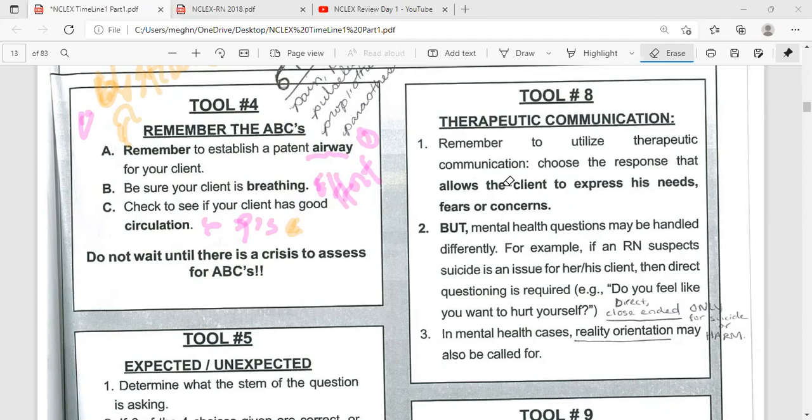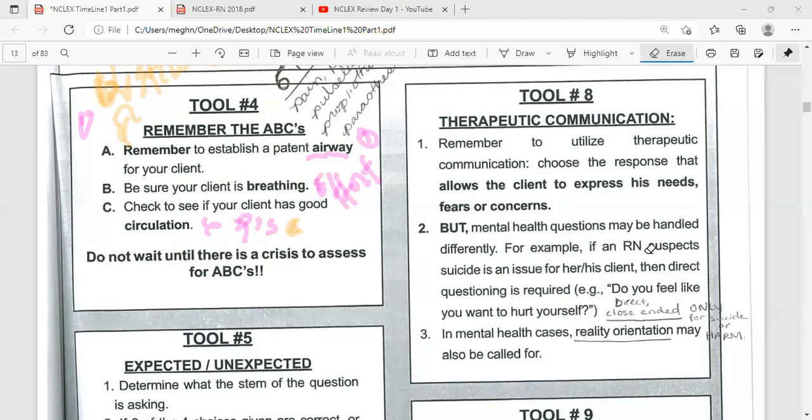Choose the response that allows the client to express his needs, fear, or concern. But mental health questions may be handled differently. How you deal with any patient, except mental health, would be a little bit different.